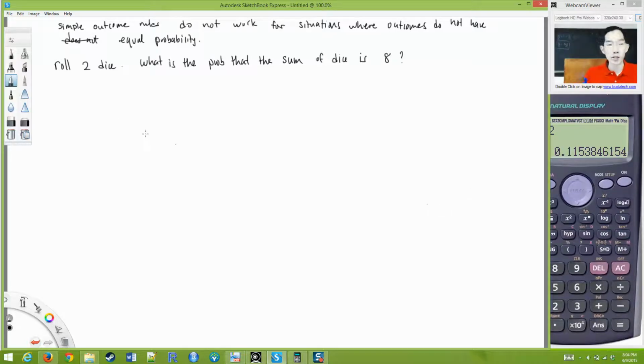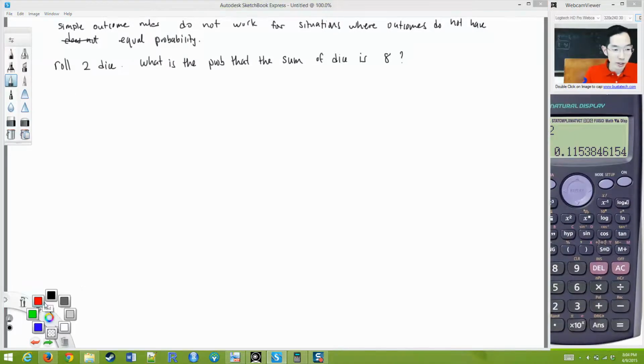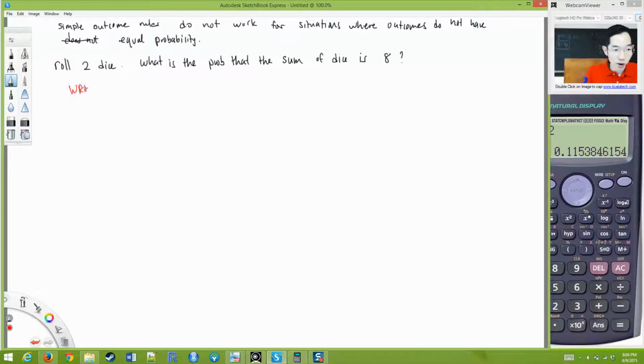Okay, so the wrong approach, maybe I'll do this in red. Wrong approach would be to say, okay, the possible outcomes for the sum of two dice are 2, 3, 4, 5, 6, 7, 8, 9, 10, 11, and 12.